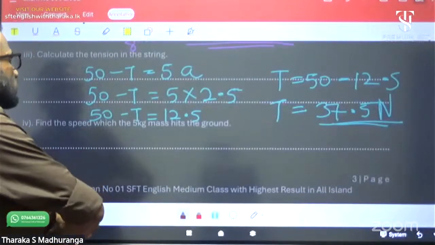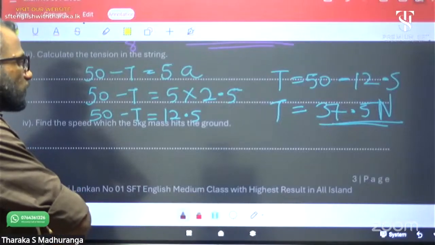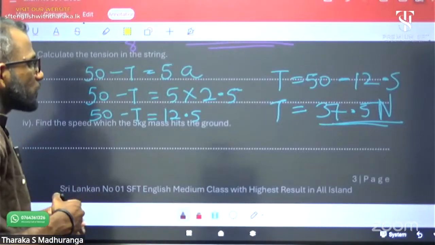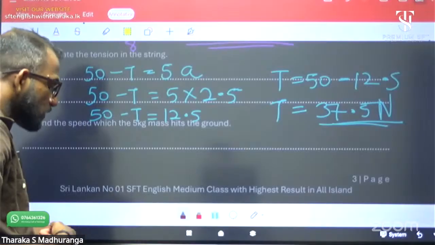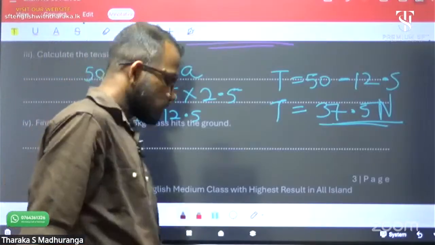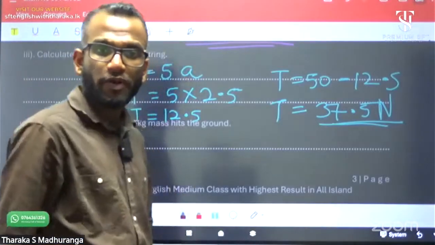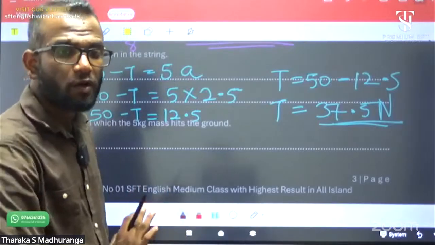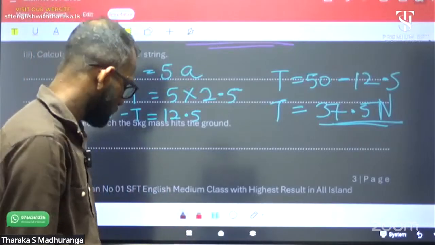Find the speed at which the 5 kilogram mass hits the ground. That's the most important part.